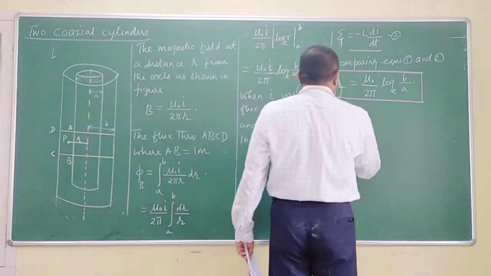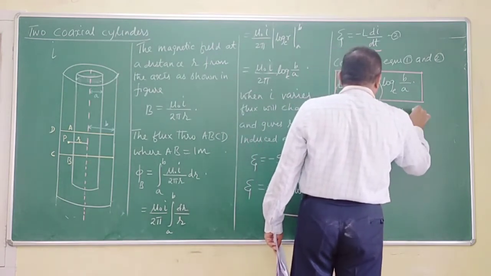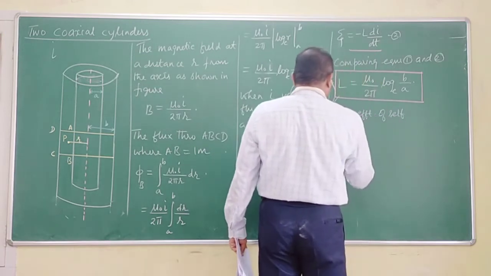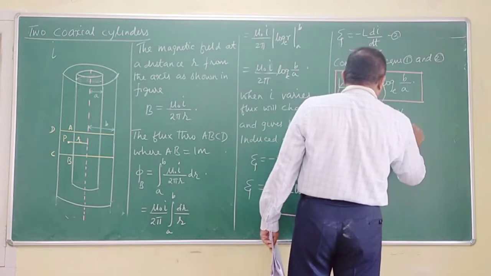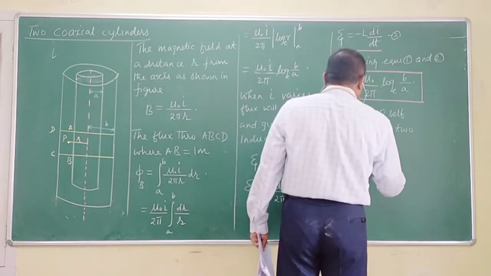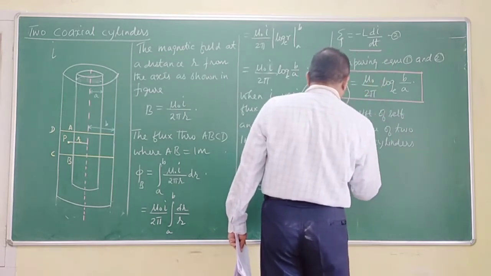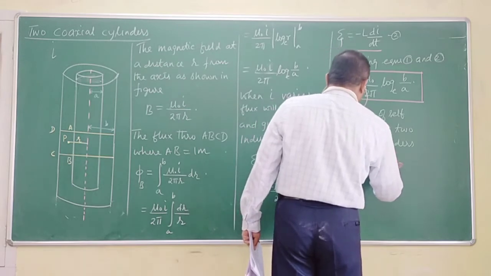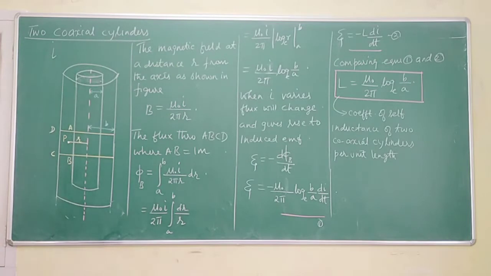This is coefficient of self-inductance of two coaxial cylinders per unit length. For a length L, you have to multiply by L. As simple as that. Is that okay to you, sir?